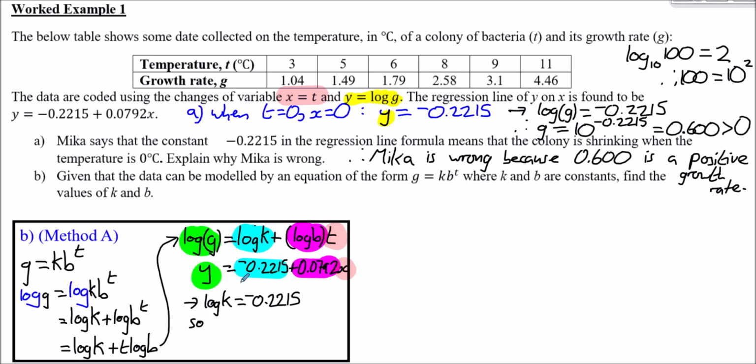Well, we know that because to get k, we'd have to do 10 to the power of minus 0.2215 to undo this log, to do the anti-log. If you're slightly older than some teachers, they used to call anti-logs powers. So k is 10 to the power minus 0.2215, which is 0.600.